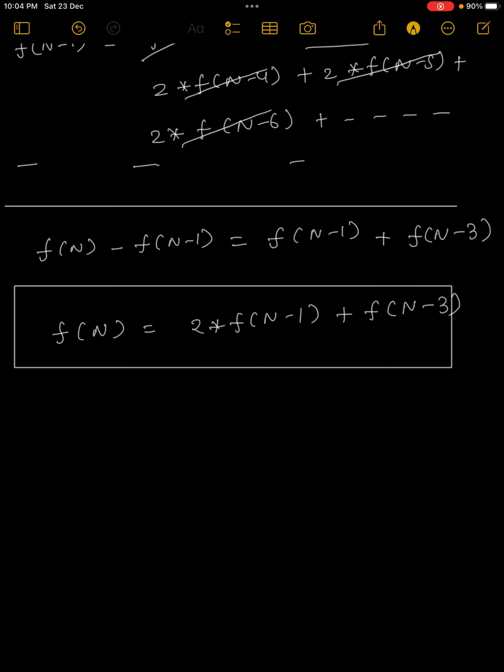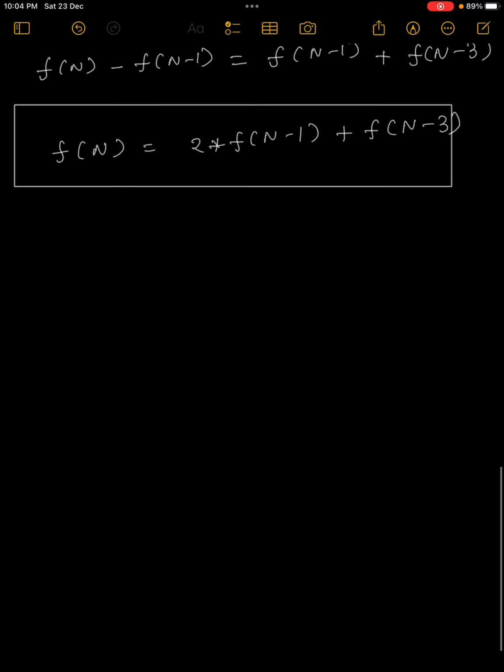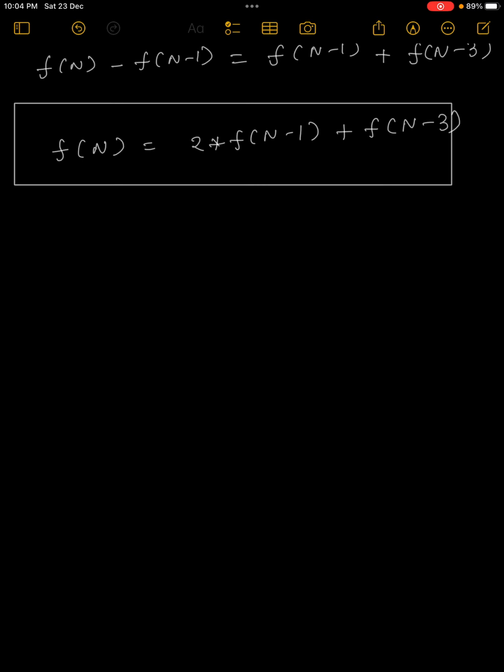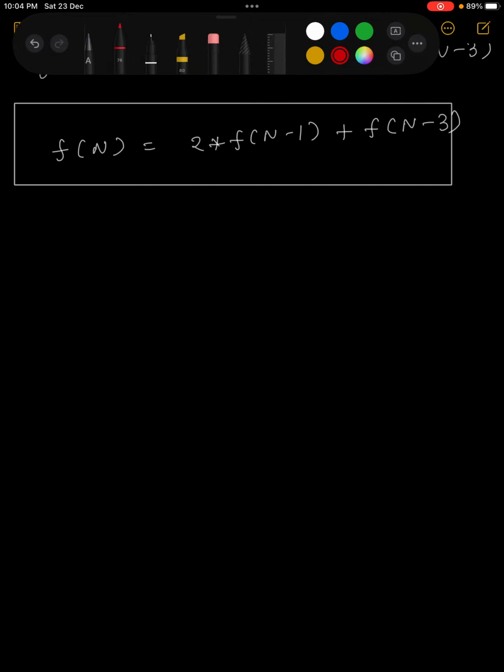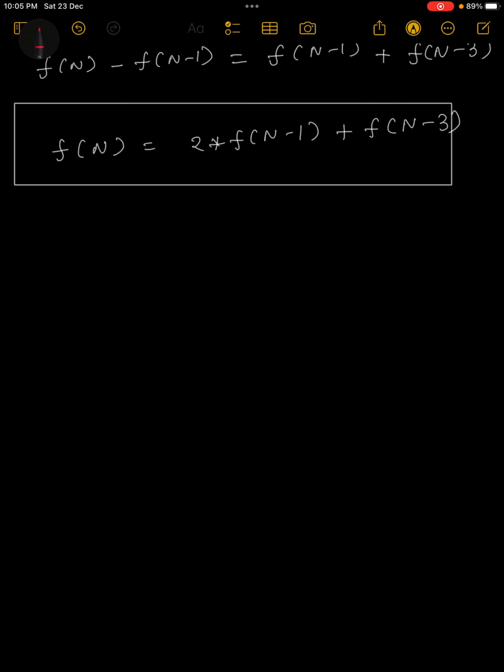Once we have the recurrence relation, writing the code is very easy. We just need to use DP because this is a recurrence relation. So let's say the total number of ways is denoted by a DP table or state.